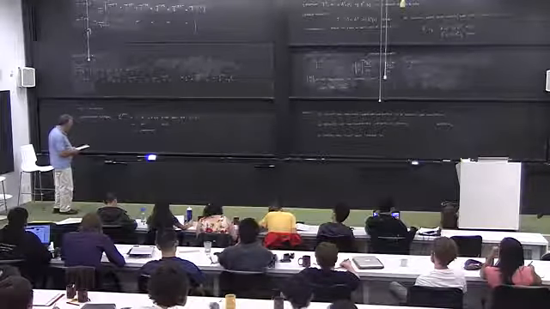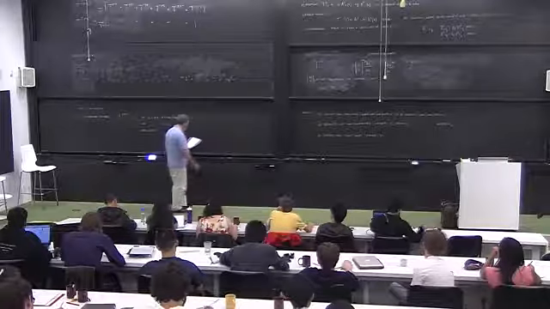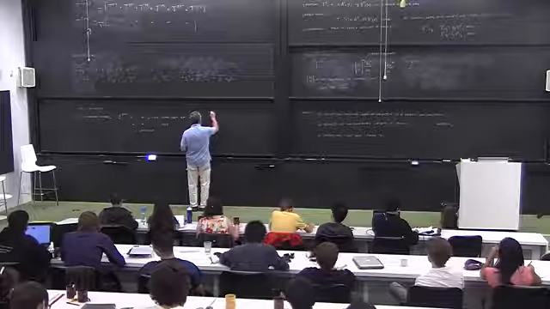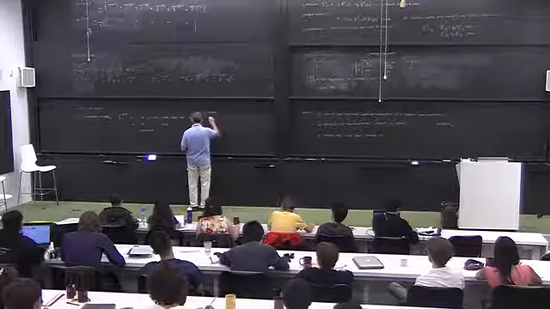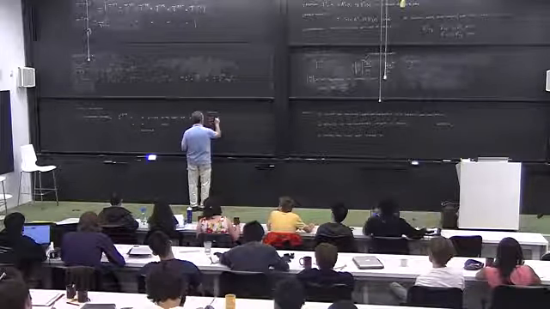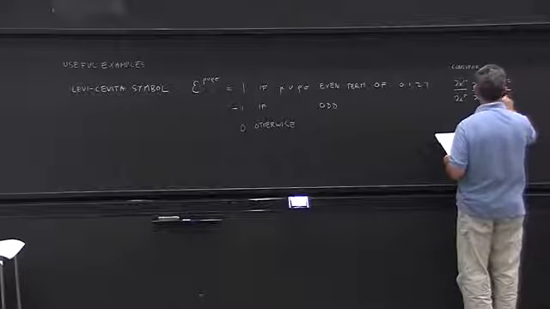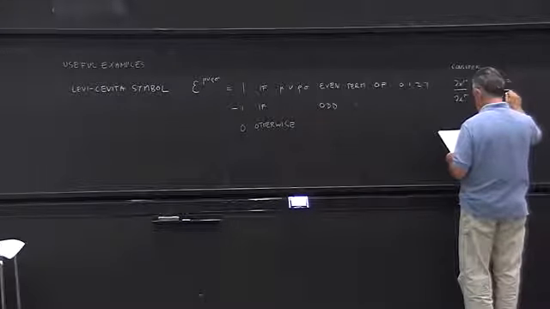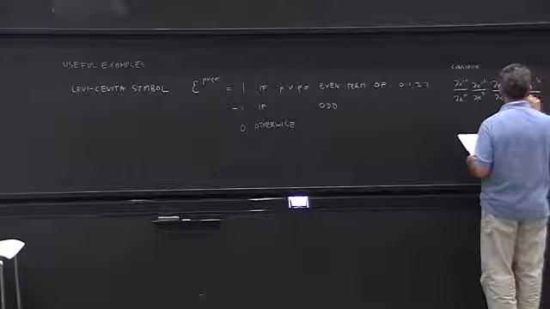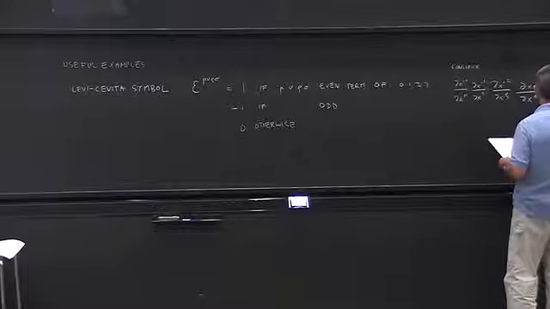Now, how do we see that it's a tensor density? Consider dx prime 0 by dx mu, dx prime 1 by dx nu, dx prime 2 by dx rho, dx prime 3 by dx sigma, times epsilon mu nu rho sigma.